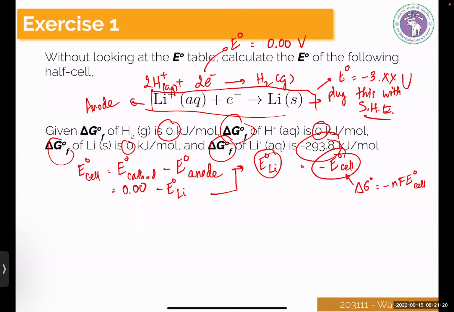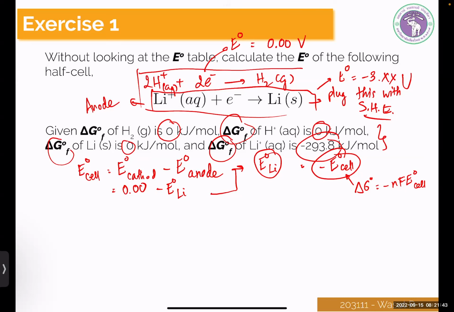And how do you get delta G naught of the total reaction? Well, these are the things that I gave you from the previous chapter. I gave you the standard Gibbs free energy of formation of everything, right? So basically, you can calculate delta G naught of the combined reaction.